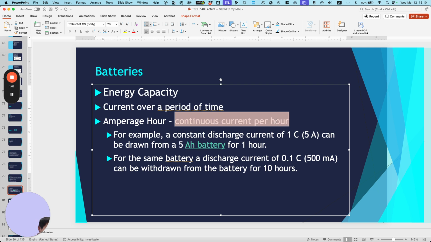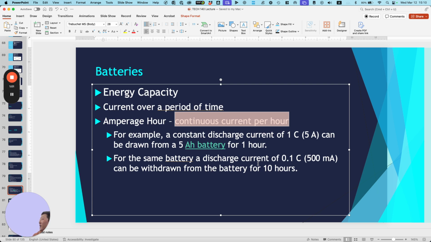And then we also have it in watt hour. So that's power, that's an energy usage. If you have a 5 amp hour battery, that means you can provide 5 amps for an entire hour. That one's pretty straightforward.